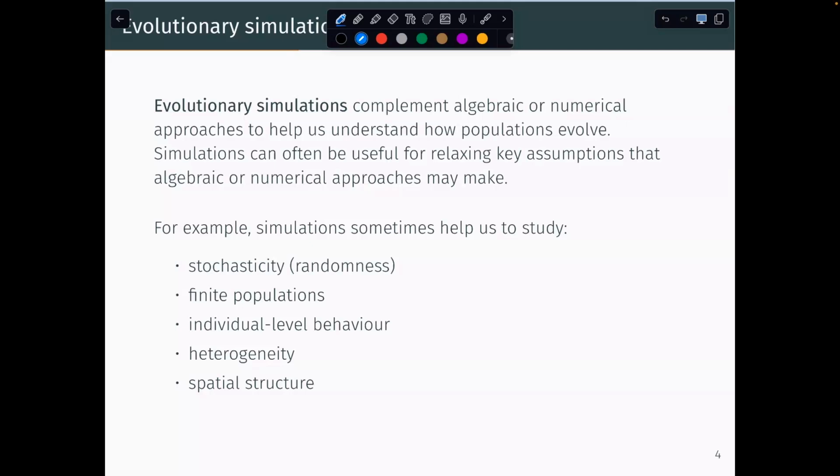So, often in these models, we can capture a greater amount of heterogeneity if you're simulating things. In the adaptive dynamic simulations, not so much, but in the Gillespie algorithm we'll talk about, that's generally a better way of incorporating these individual level effects that you might care about. And also something like spatial structure as well. If there's, for example, in an infectious disease, people within the same household or town may be more likely to infect each other than people that are in different locations. So you might want to take into account some of these effects.